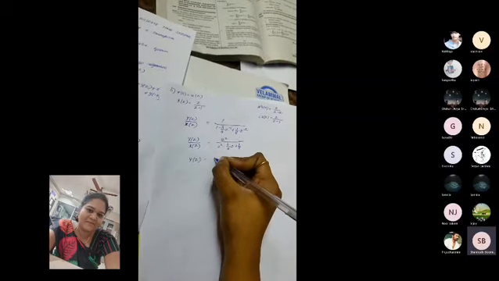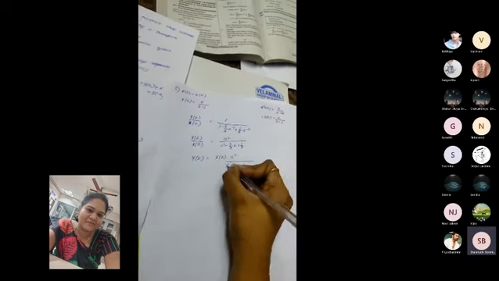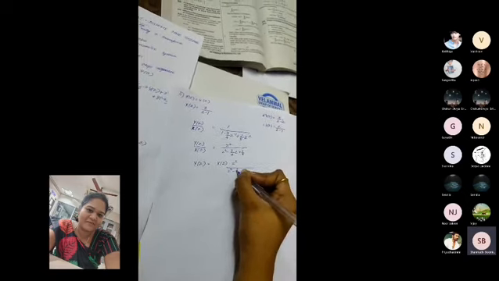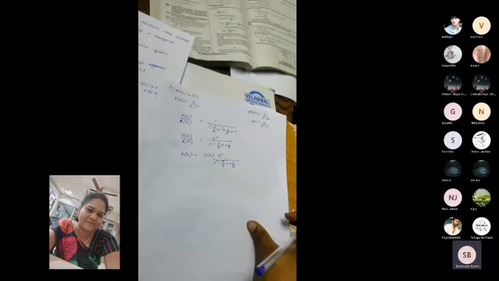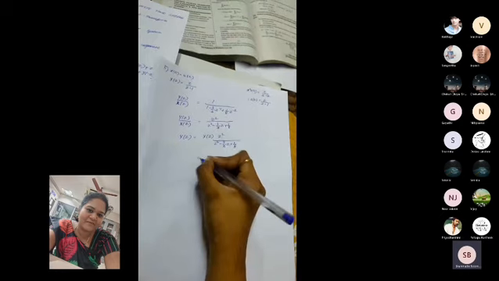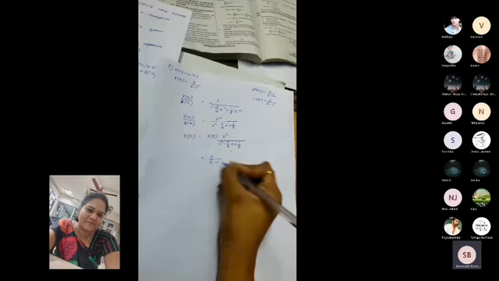Y of Z will be equal to x of Z into Z square divided by Z square minus 3 by 4 Z plus 1 by 8. What is your x of Z value? X of Z value will be Z divided by Z minus 1 into Z square divided by Z square minus 3 by 4.